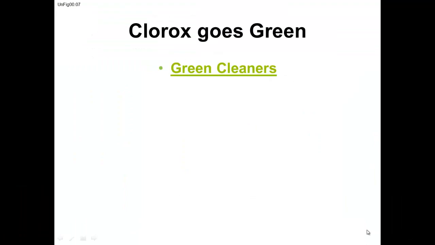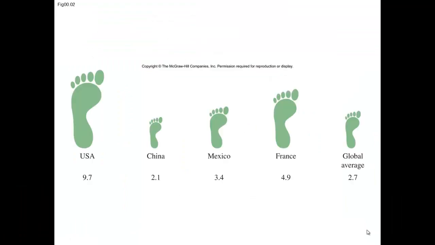So, okay, let's go down. Here is a figure that represents the ecological footprint based on how much land is required to support an individual. These numbers are in hectares, and a hectare is 2 acres.